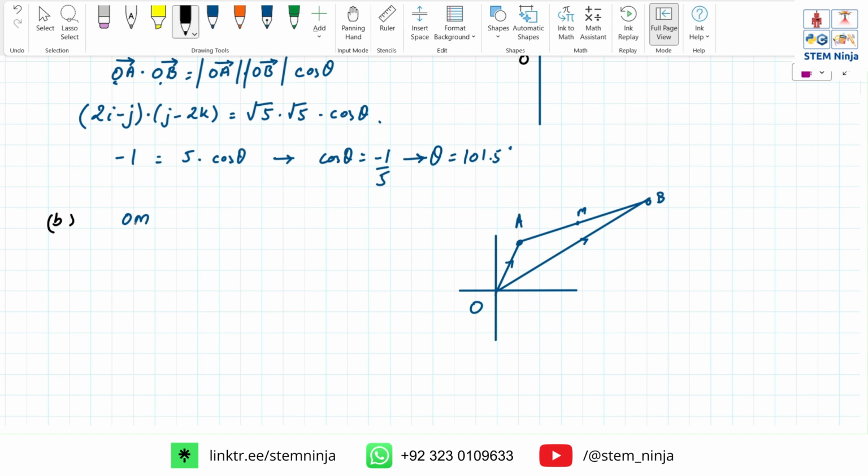So to find out OM, first we can find out AB. So AB we know is OB minus OA. We are already familiar with this.